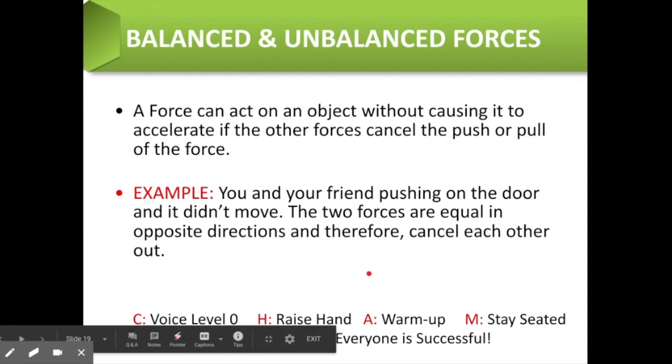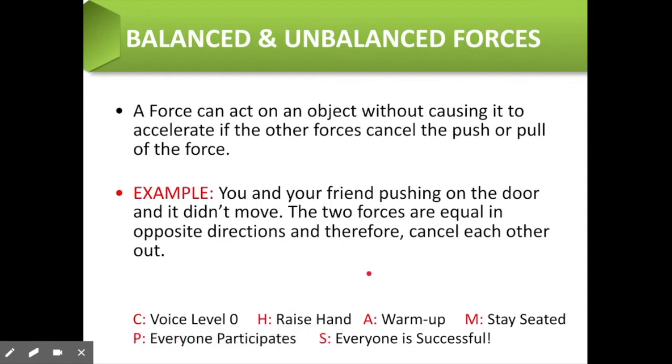A force can act on an object without causing it to accelerate if other forces can cancel the push or pull of the force. Okay, well, what does that mean? Well, think about this example. This has happened and you didn't even realize what was going on. So you and your friend are pushing on a door and it didn't move. So you're on the inside, they're on the outside, you're all being silly, playing around, and you don't want your friend to come in.